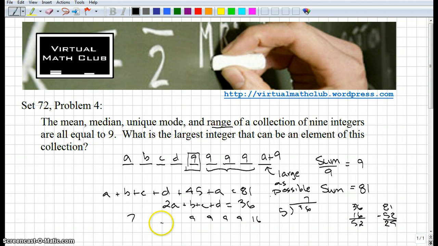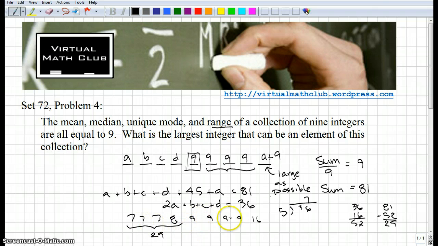So let's see how many 7s we can add. We want the sum of these 4 numbers to be 29. Now 4 times 7 is 28. It's just a little too small. So I really would have to have 7, 7, 7, and then an 8 in order to get 29. Alright? And that ends up working.